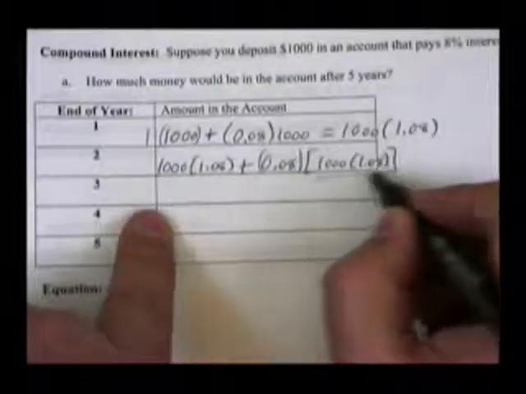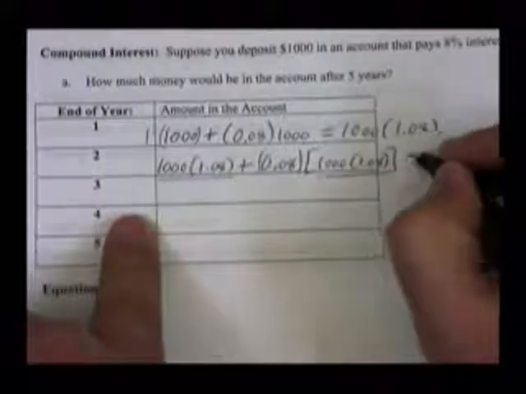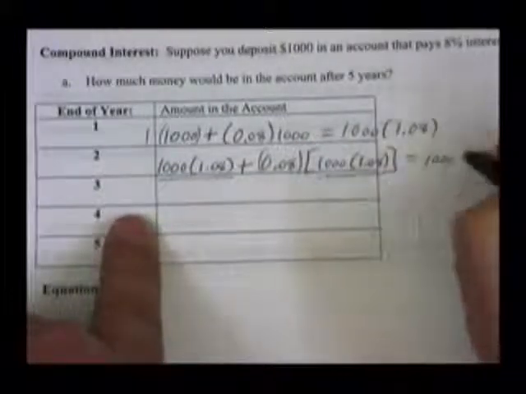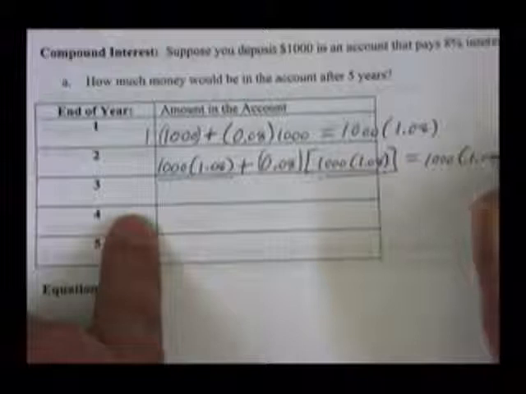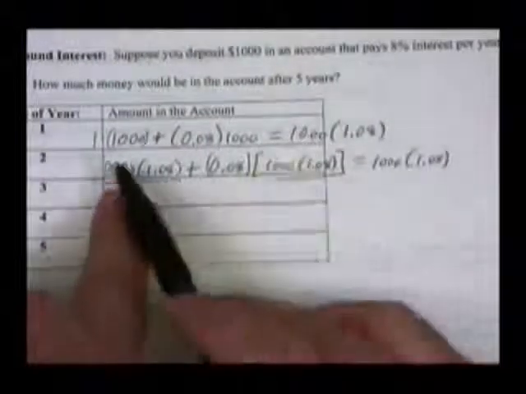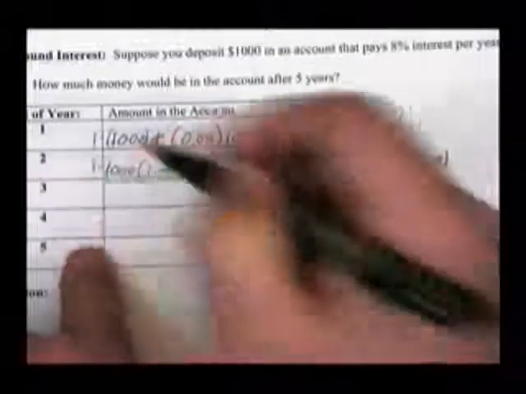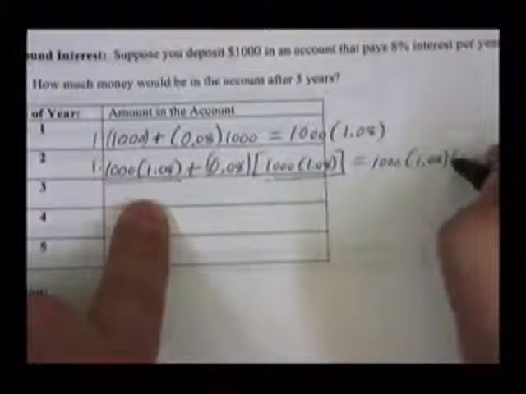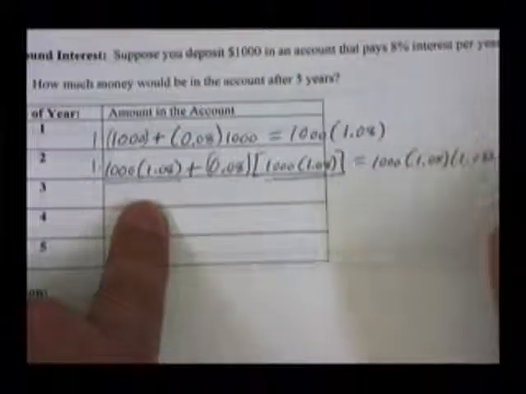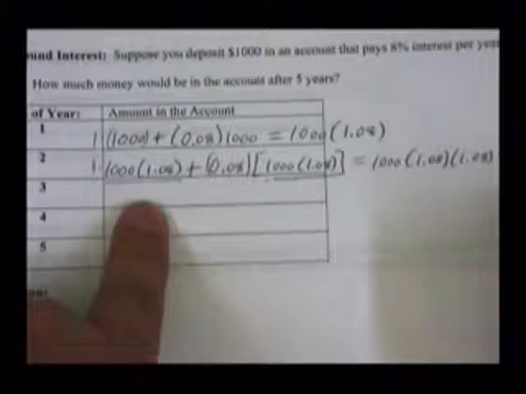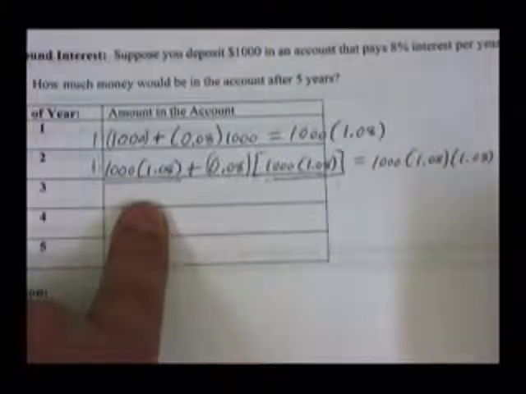Notice again I've got this in common, so I'm going to factor that out, and that's going to give me 1,000 times 1.08 times, if I factor those out I get 1, because this is times 1, 1 plus 0.08 again. So I get 1,000 times 1.08 squared.